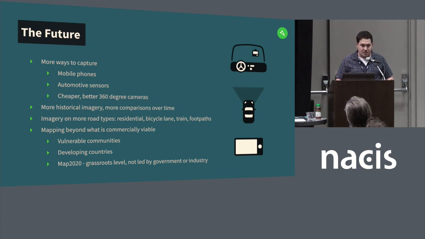So there are more ways to capture than just through these expensive mapping rigs. Many of the folks contributing images to Mapillary do so using their mobile phones. People are out on the road capturing with 360 cameras like your GoPros and your Insta360s.